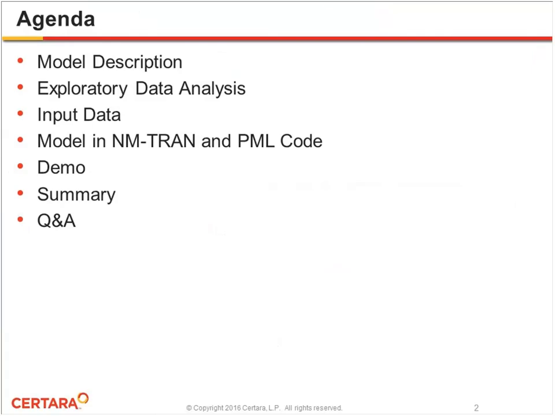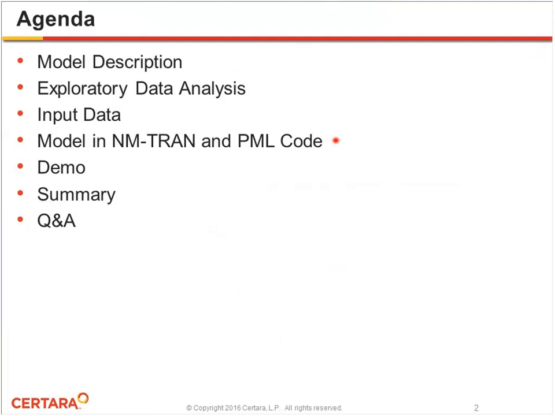Moving on, here's our agenda. As usual, we start with a brief model description and then go into exploratory data analysis, looking at the plots, as well as the input data that we need to use for the two models.